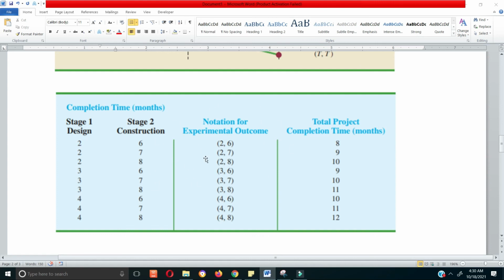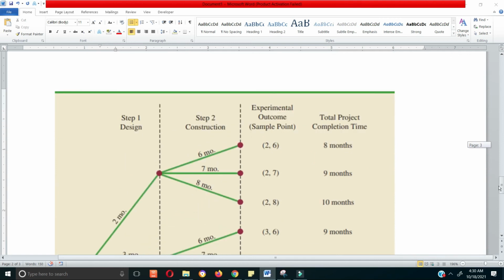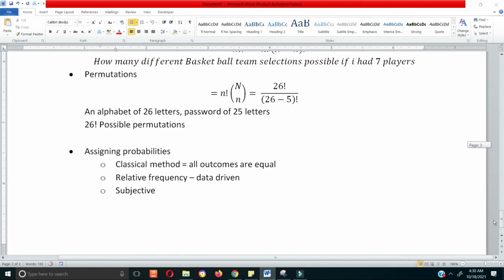Here we have the duration for the phases of the project. Phase 1 is design, phase 2 is construction. This is what you've observed, and you want to know what is the probability the project will take 8 months. You've observed this once in 9 cases, so it's going to be 1/9, a ninth of the time. That's what you observed, and that's the probability that you're going to assign. So that's the relative frequency approach.